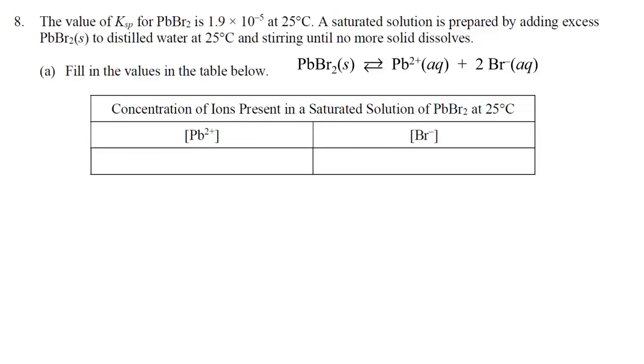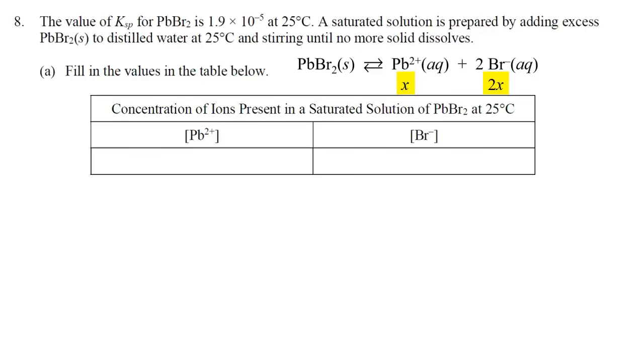Remember that since we don't know the concentration of these ions, but we do know that they are in a 1:2 ratio in terms of the relative number of moles, then we can consider the concentration of lead to be X and the concentration of the bromide ion to be 2X.